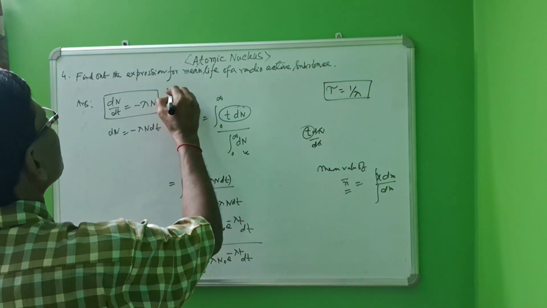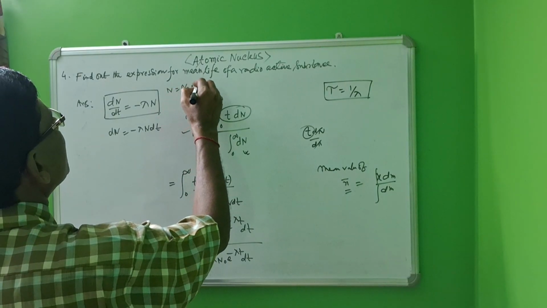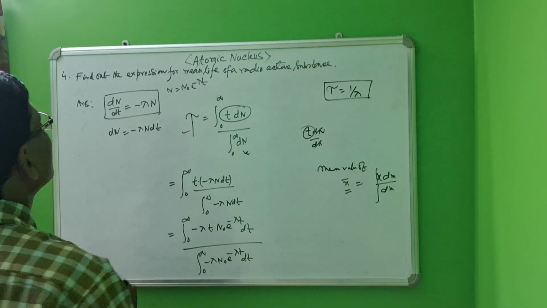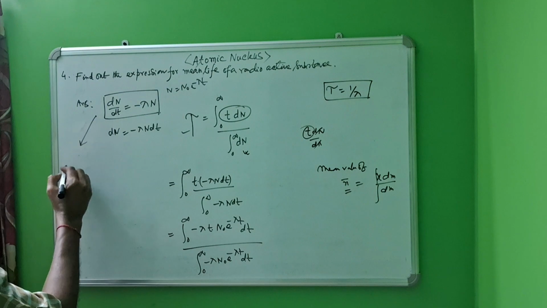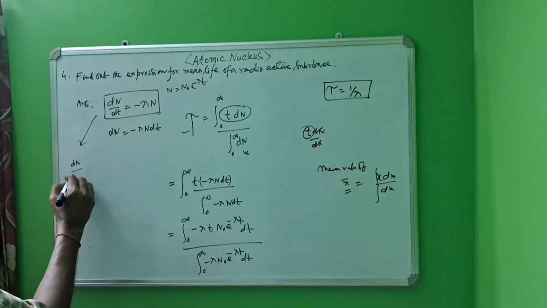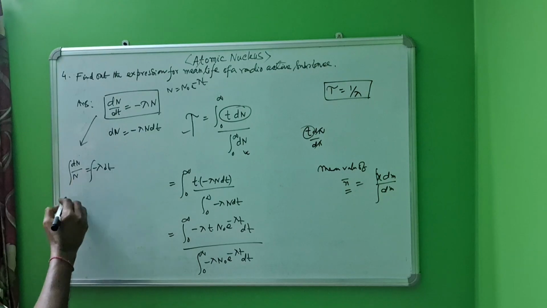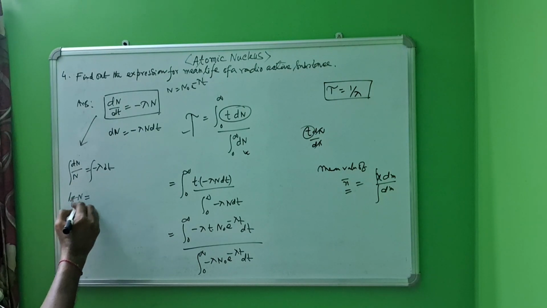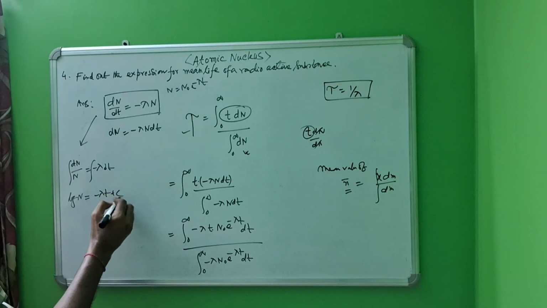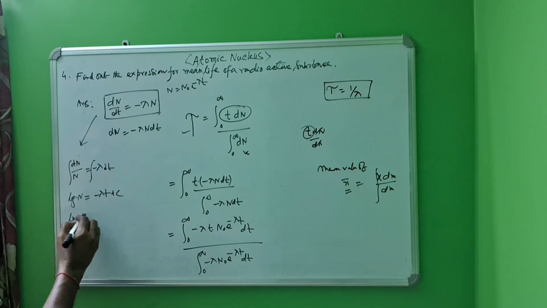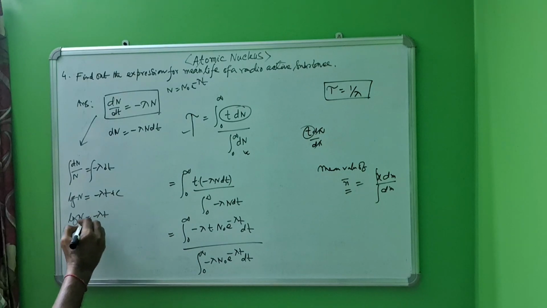Because we know N equals N0 e to the power minus lambda t. From this, by calculating, dN/N equals minus lambda dt; integrating both sides, we get log N equals minus lambda t plus c, where c is the constant.